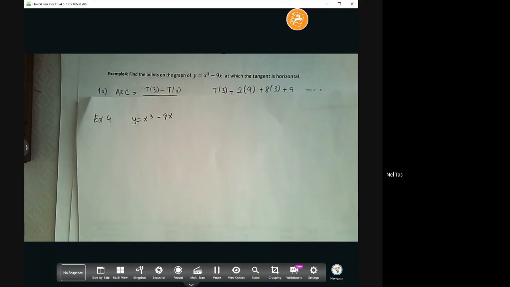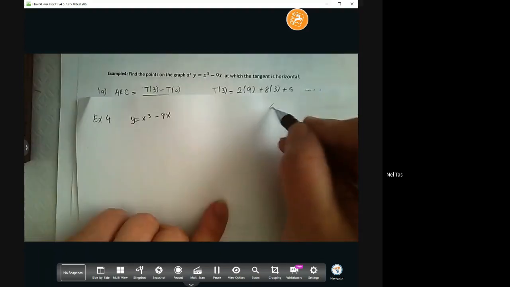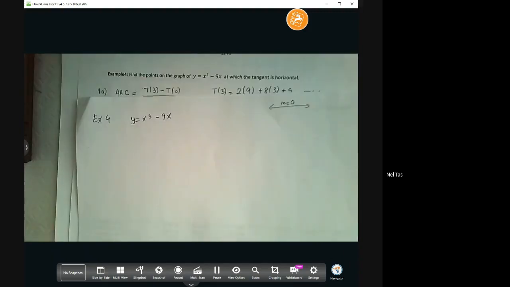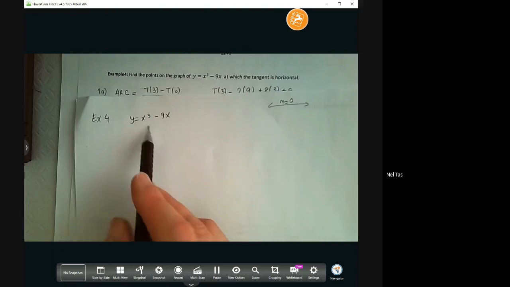So now you need to remember the slope of horizontal lines. The slope of horizontal lines is 0, right? So we want to know where the slope of the tangents is 0 for this function.